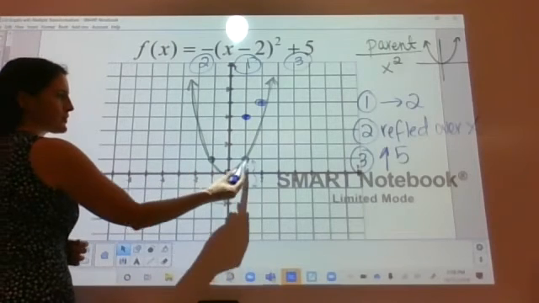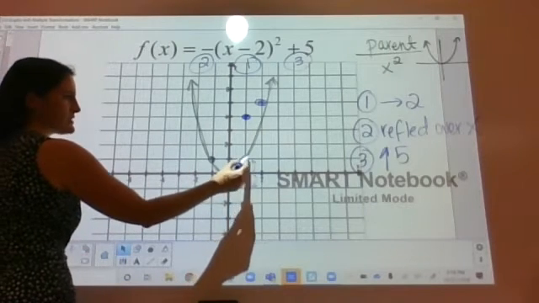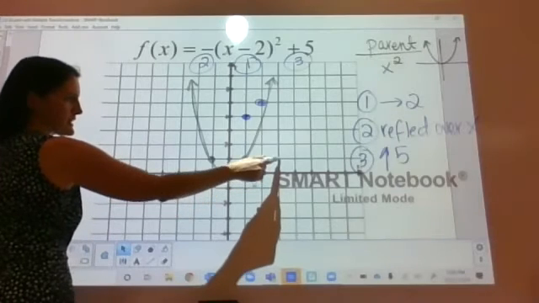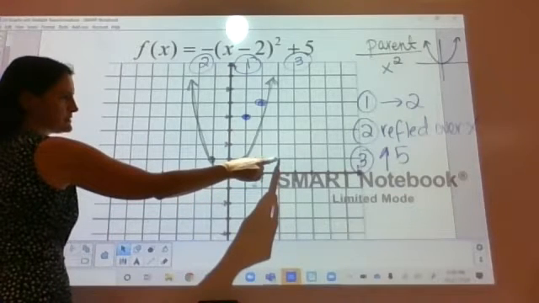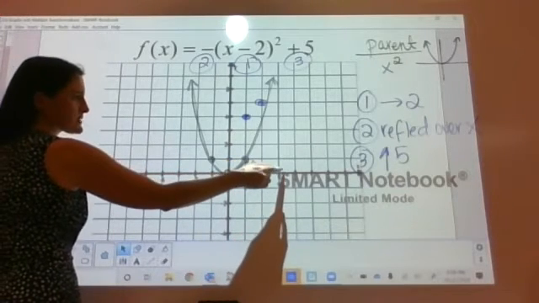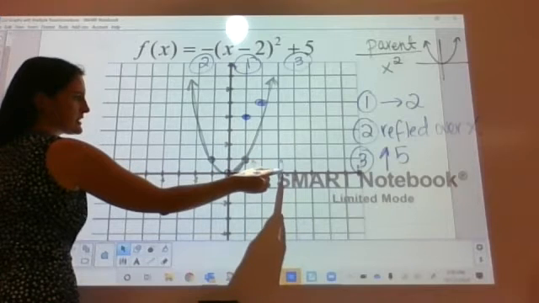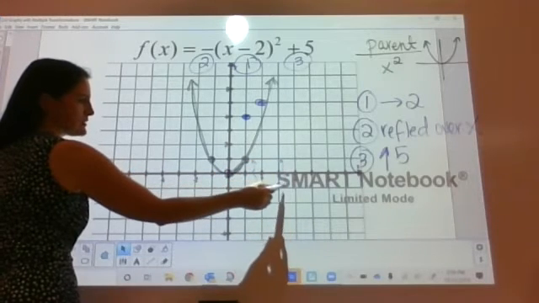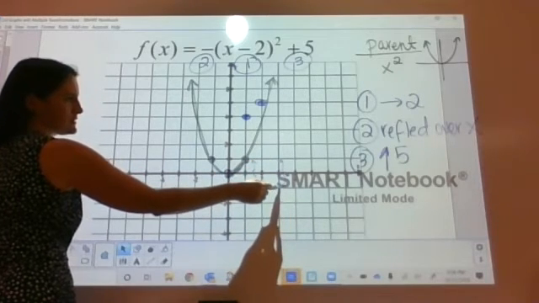And then for the 1, 1 point, I need to go right 2, which has me here at 3, 1. Reflecting over x, right now I'm 1 above x. Reflecting means being 1 below. So I'm right here.